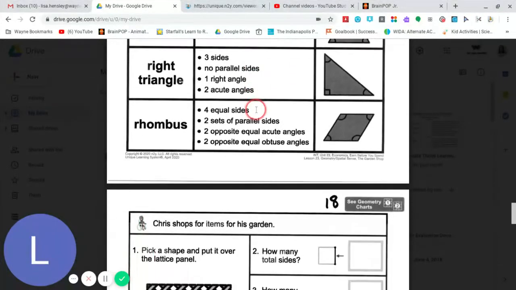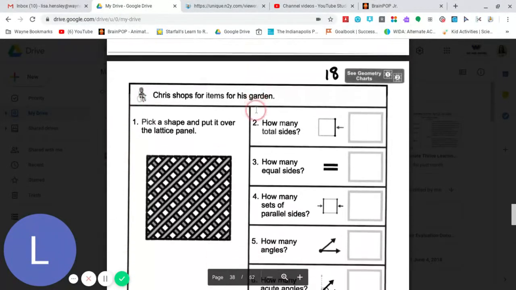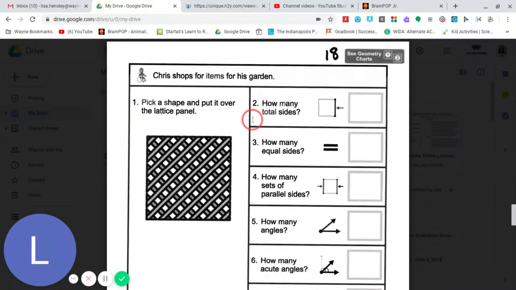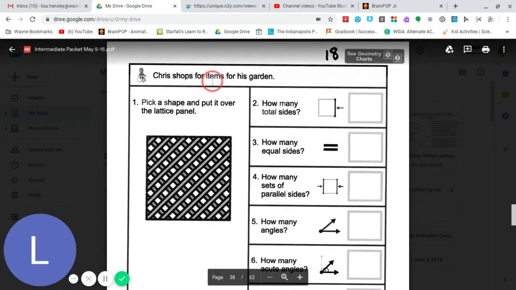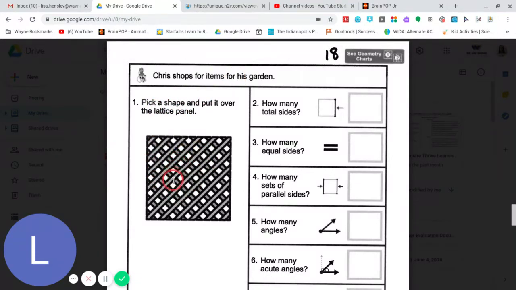And then you're going to complete this page. It says that Chris shops for items in his garden, and it says to pick a shape and put it over the lattice panel. So you're going to have to think about what shape this is.